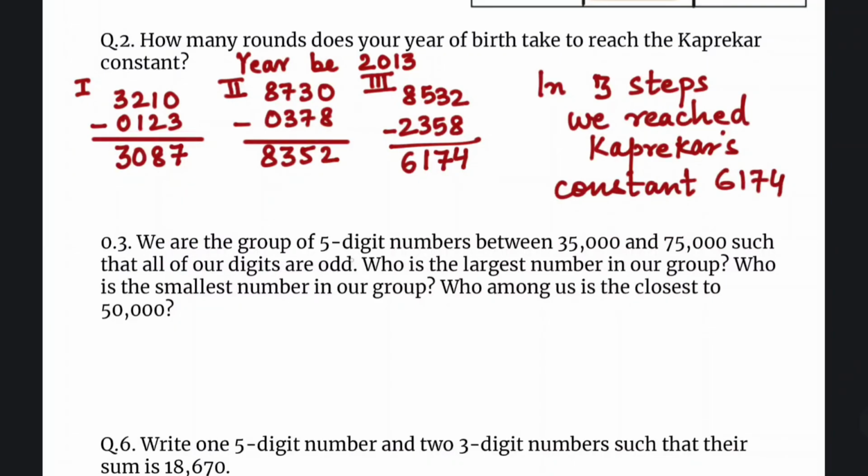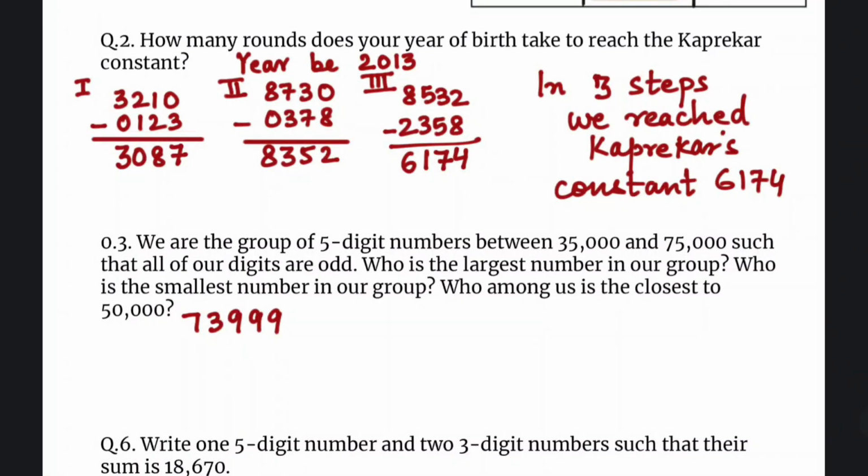Next question, we are the group of 5-digit numbers between 35,000 and 75,000 such that all of our digits are odd. Who is the largest number in our group and who is the smallest number in our group? Who among us is the closest to 50,000? So the largest number, let us take 73,999.